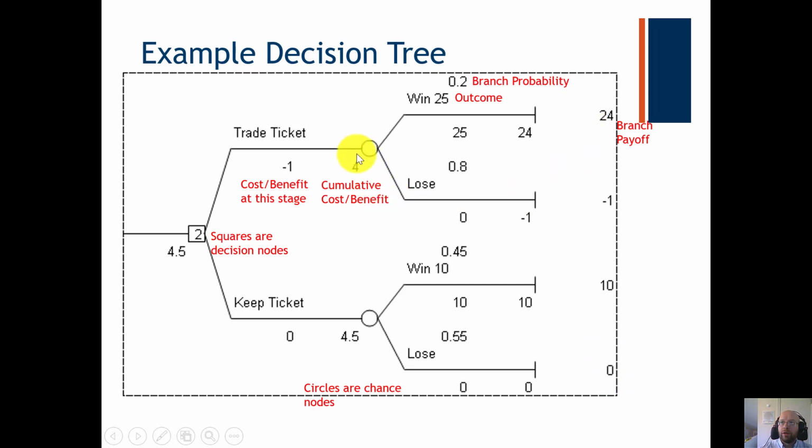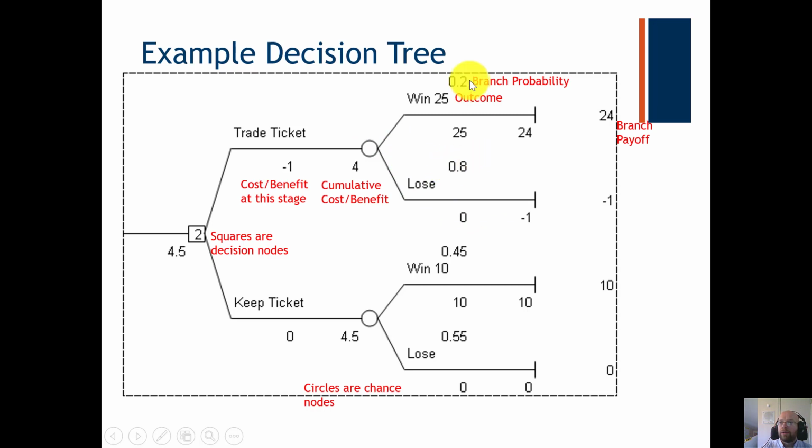Let's break down some of the different parts of this. We have different types of nodes here. Brown nodes are chance nodes, and square nodes are decision nodes. This is where you need to make a decision. On top of that, there's the probability on the chance nodes. There's a 20% probability on this chance node, and an 80% probability on losing on this chance node.